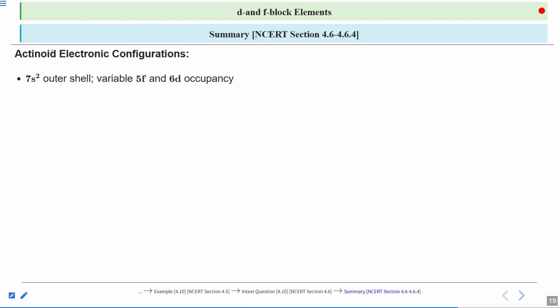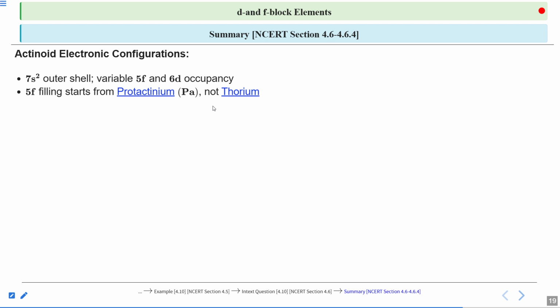Then we have seen the actinoid electronic configuration. The 7s2 outer shell configuration is present in all the elements of the actinoid series, and variable 5f and 6d occupancy will be there in some of the elements. 5f filling starts from protactinium, that is Pa, and not from thorium.